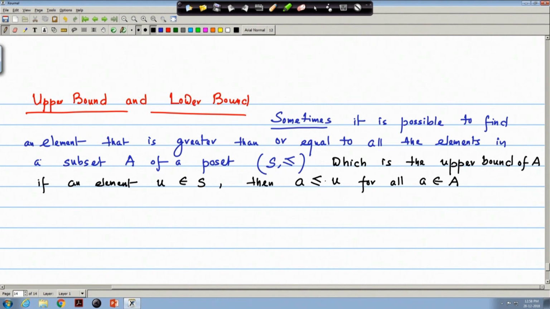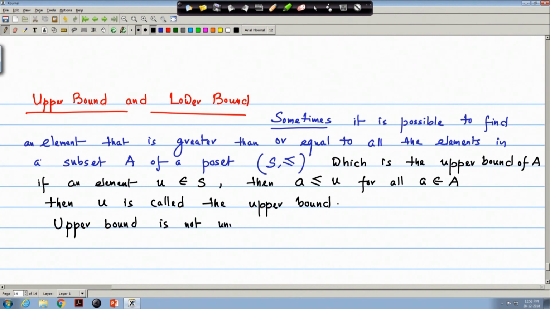Then U is called the upper bound. And we will see the upper bound is not unique. There may be more than one element in the poset S where this property holds.